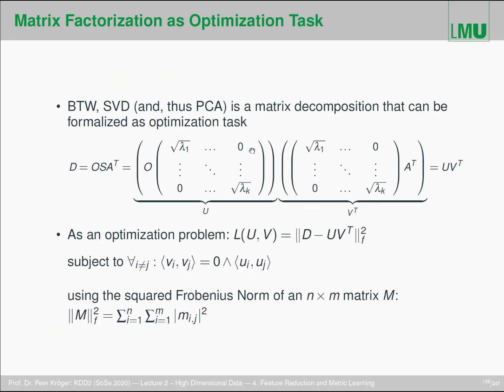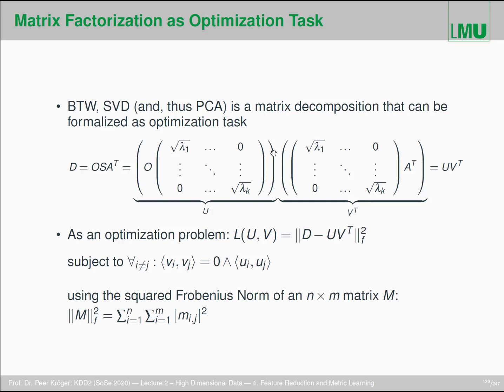And here, this slide that you already have seen, but it was not explained to you, is just to show you matrix factorization, which is actually what you do in SVD and PCA and stuff like that. So matrix decompositions can be formalized as optimization tasks, which is nice to have, because then you can just run standard optimization solvers to solve that problem, which is always a little easier than coming up with your own algorithm.